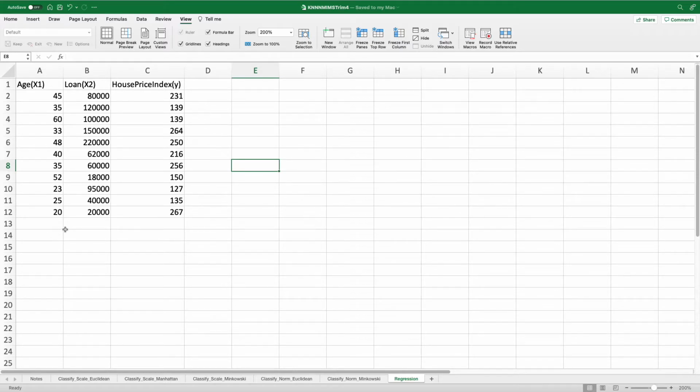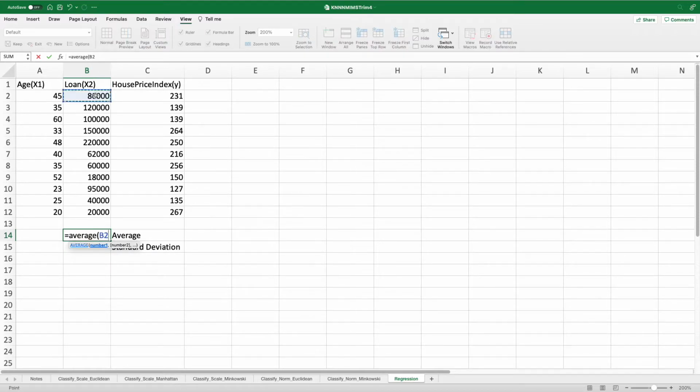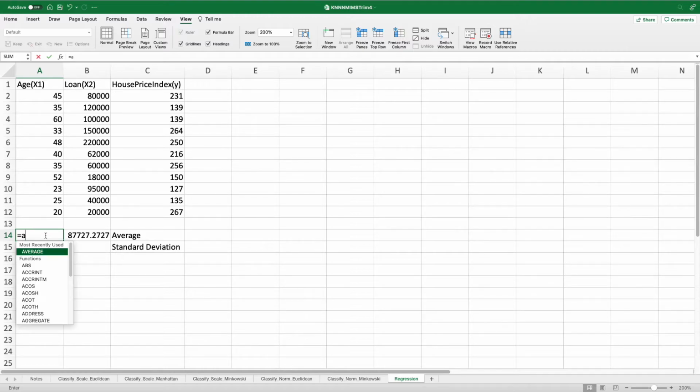Okay, so we will scale the data. First we will calculate the average, then we will calculate the standard deviation. Is equal to average, open bracket, the loan amount, and then is equal to average, you can drag the formula.